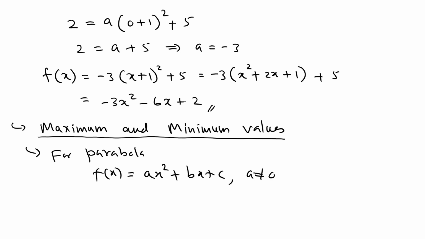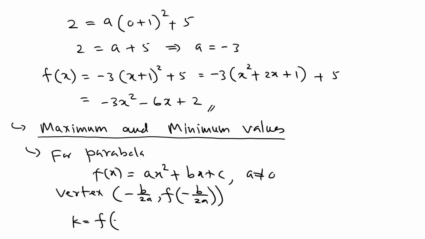we have the vertex at negative b over 2a, f of negative b over 2a. That means the k value is the function evaluated at negative b over 2a.